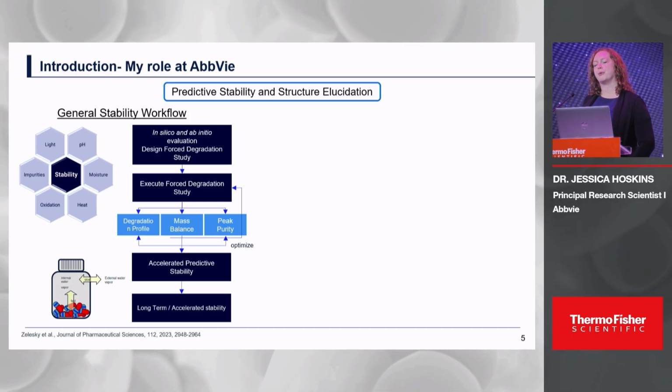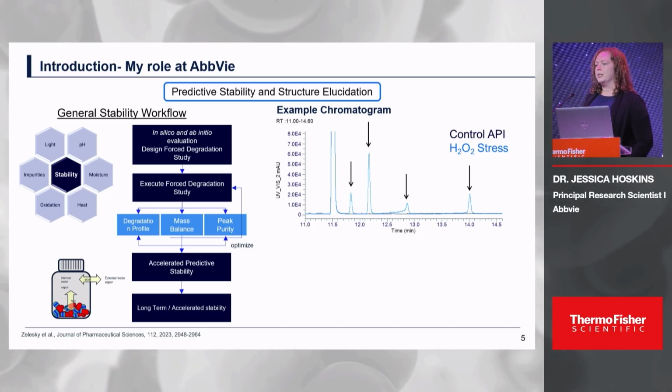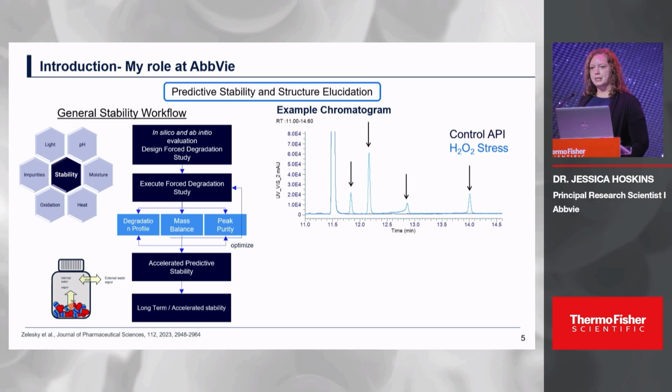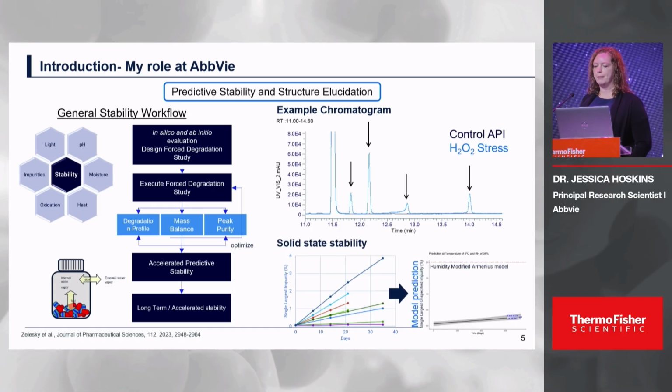And then as we move forward into clinical trials, we set this up on long-term stability. We look at what actually forms. So for example, with the solution stress, you can see in the black, this is our unstressed API. And then as we introduce hydrogen peroxide to stress this, we see new products that form.